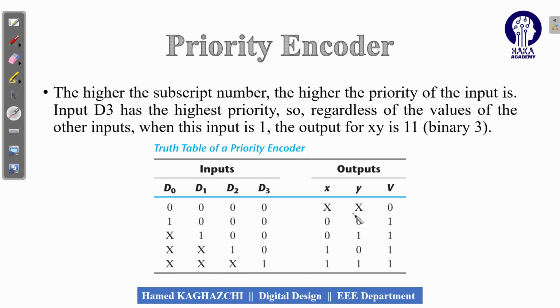Because if I use the Karnaugh map, I have to write the corresponding minterm of the x when here is 1 and here is 1. So suppose that I want to draw the Karnaugh map for the x. We say that look at the column of the x, everywhere we have 1, write the corresponding minterm as 1.